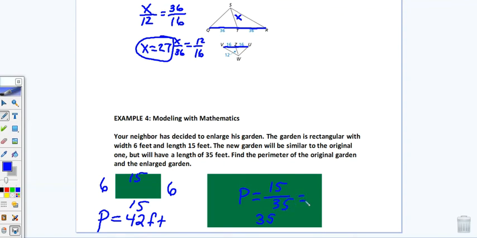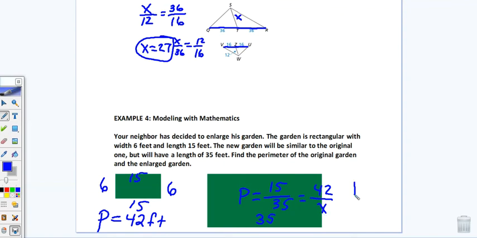But the perimeter of my smaller one is how many units? So I would put that 42 up top or in the bottom here. It's part of the small one. Do this for me, kids. Solve that proportion. 98. Okay, we get 98 feet for our perimeter.